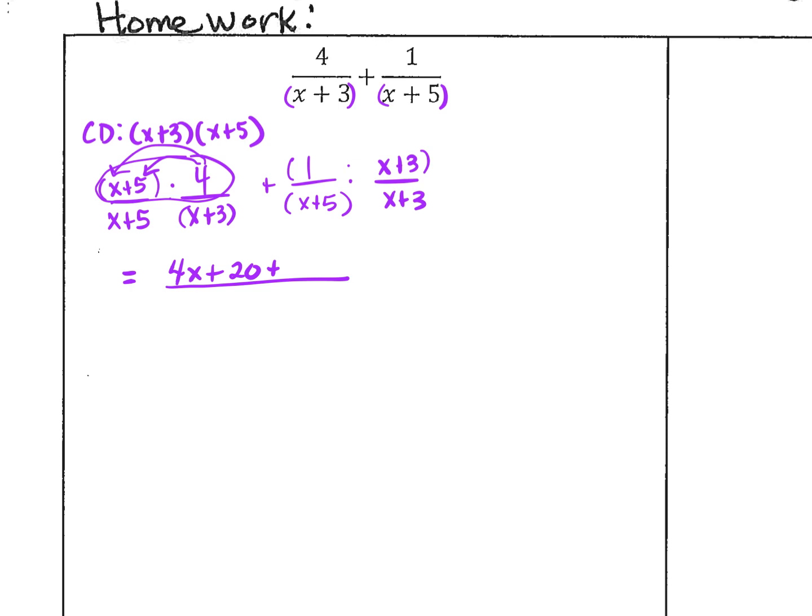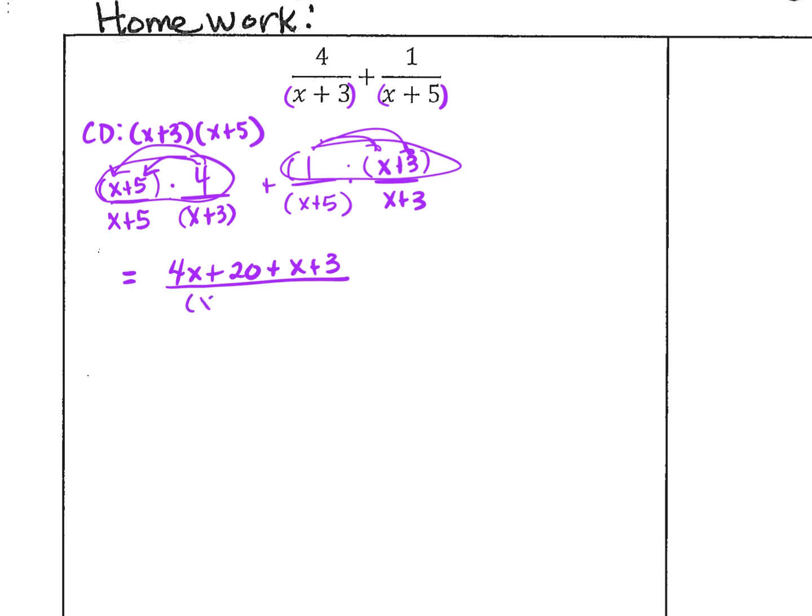Caden, what's this guy going to turn into right here? You're just going to distribute this in. What's 1 times x plus 3? Okay. And it's all going to be over what, Addison?